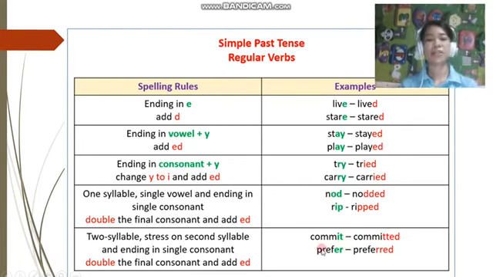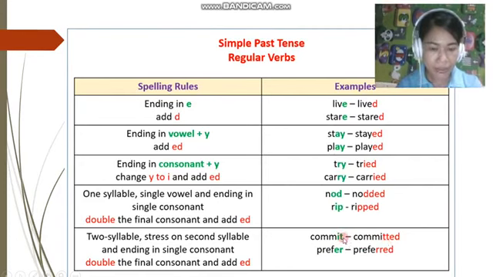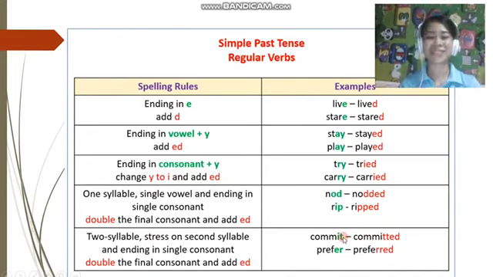Okay, thank you. So if the verb has committed. Oh, sorry, I just got confused. Look at the word commit. Here we have T at the end. T is a consonant and I is a vowel. So you can see vowel and consonant.